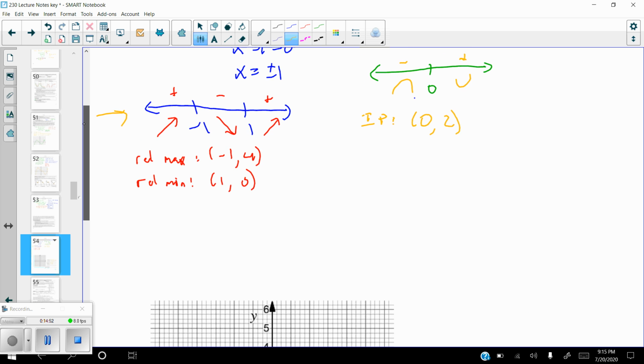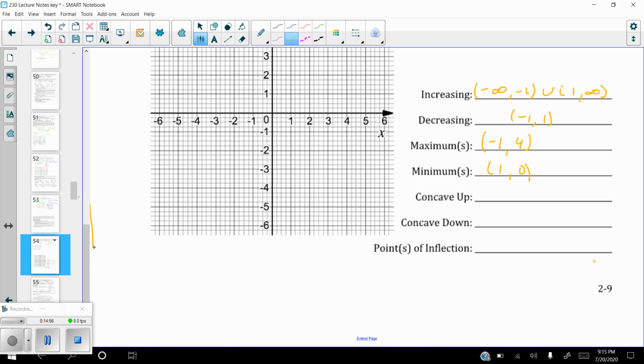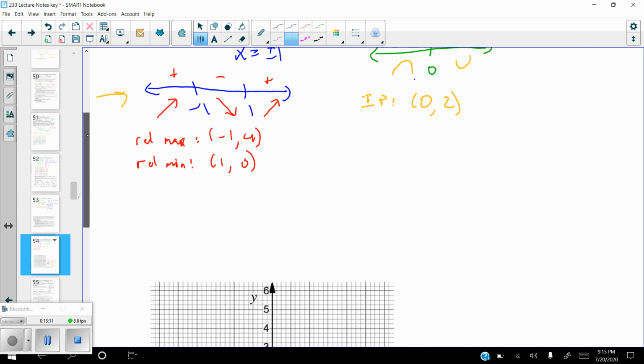This was concave up from 0 to infinity. That's where we had the smiley face. And it was concave down from negative infinity to 0. So my point of inflection was actually at the point 0, 2. Let's double check that. Yes, it was 0, 2.